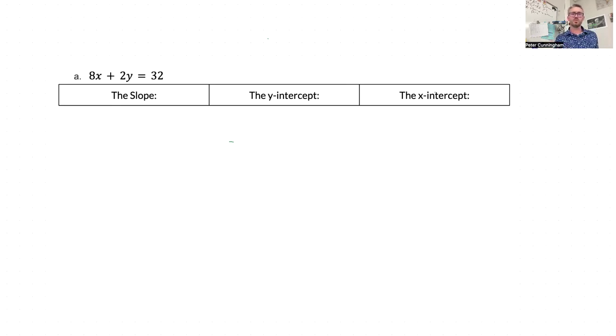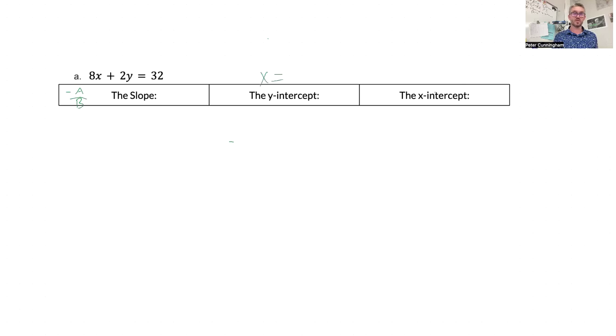Okay, slope, y-intercept, x-intercept. I think slope is the toughest to find from standard form. I'm going to rewrite the equation, which will be given to you on the test. Negative a over b. I'm going to write that there to use later. But for the y-intercept, I need to remember that for all y-intercepts, x equals 0.